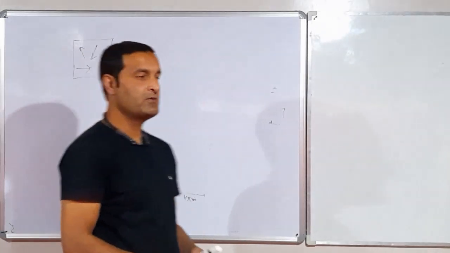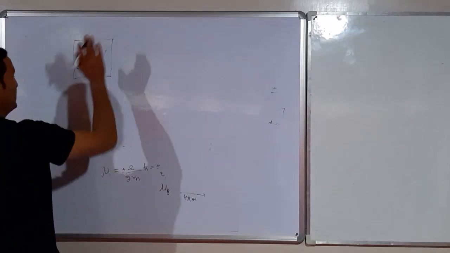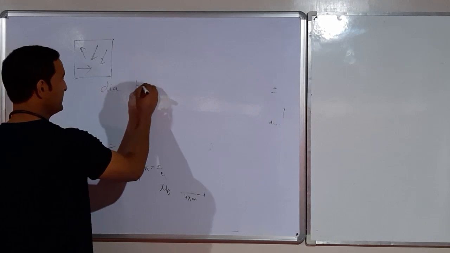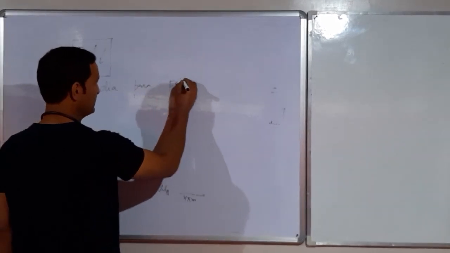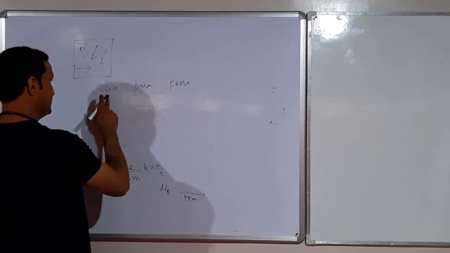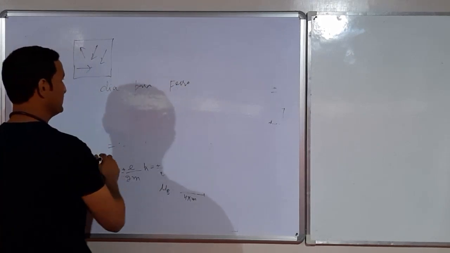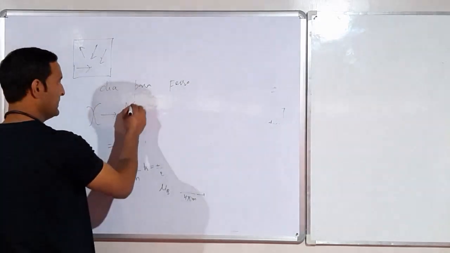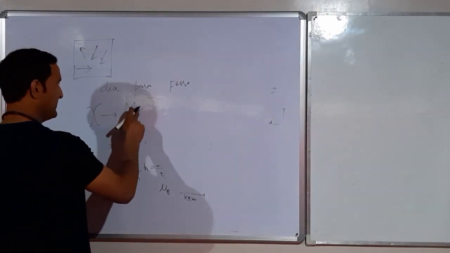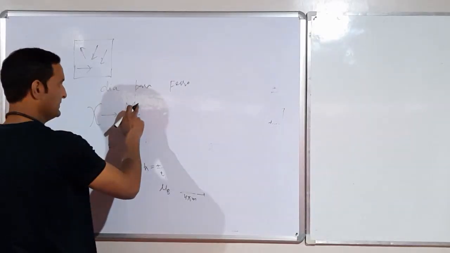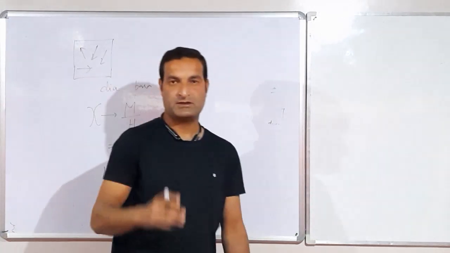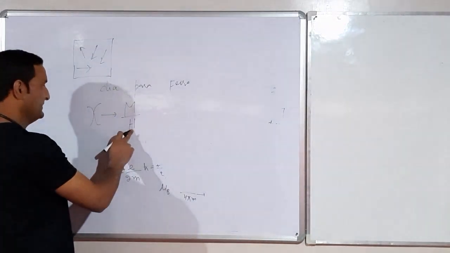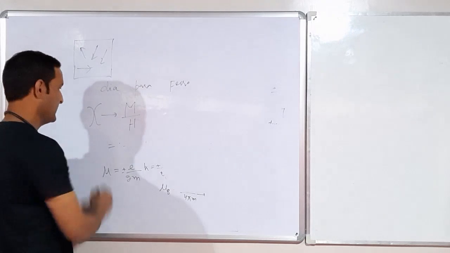On the basis of one more parameter, these magnetic materials are classified into three categories, that is dia, para, and ferromagnetic materials. The parameter is called chi. It is related to M and H, where M is the magnetization induced in a material when placed in a magnetic field, and H is the magnetic field intensity. So chi is called the magnetic susceptibility.